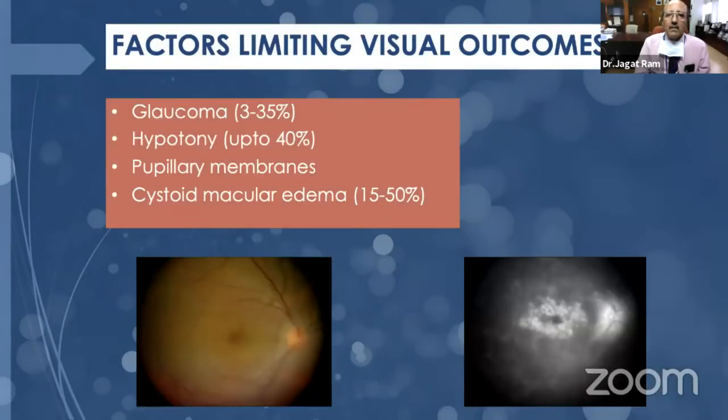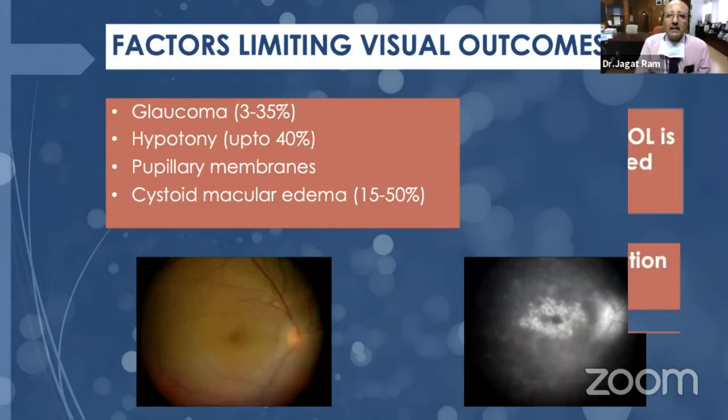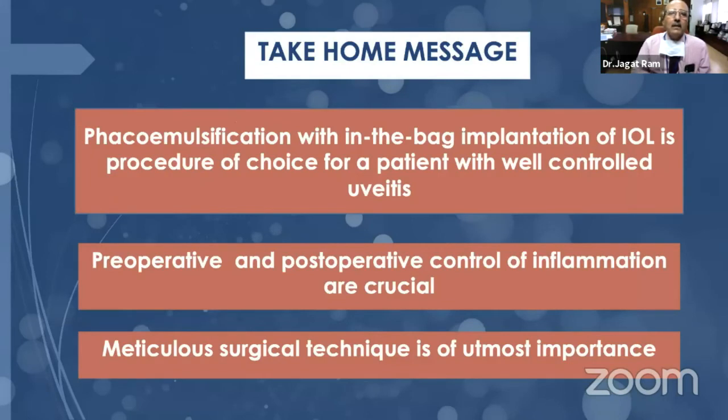Whereas there are several factors limiting the visual outcome, that is glaucoma, hypotony, pupillary membranes, and cystoid macular edema. We have to monitor the patient for these complications in the post-operative period.